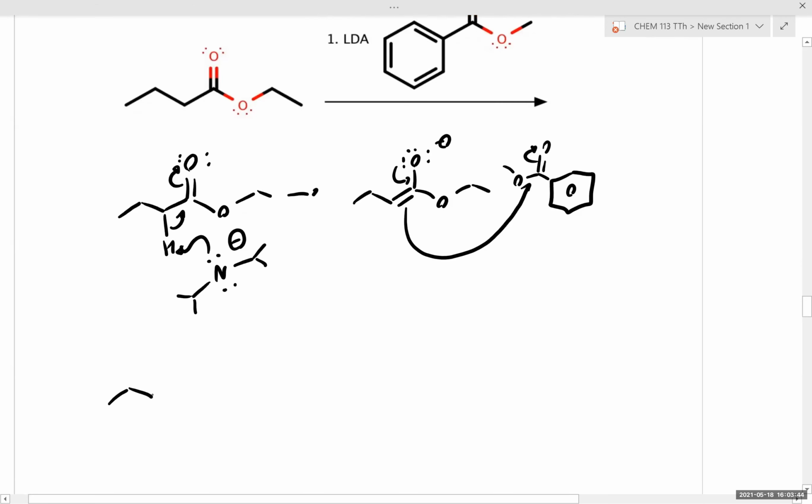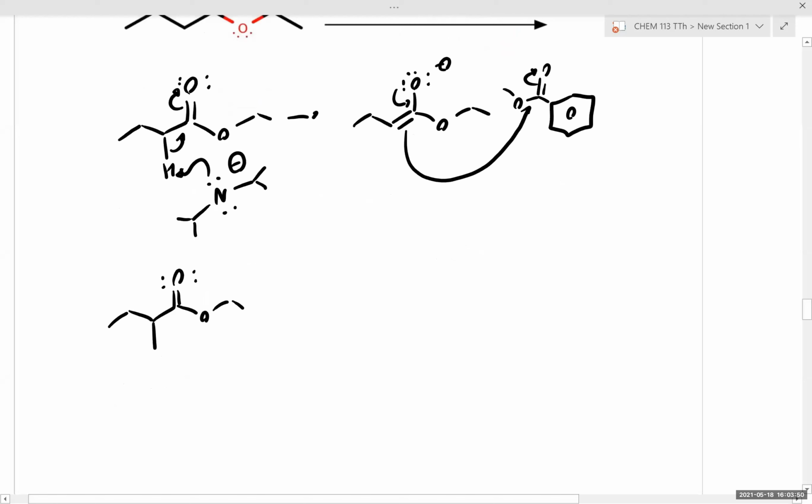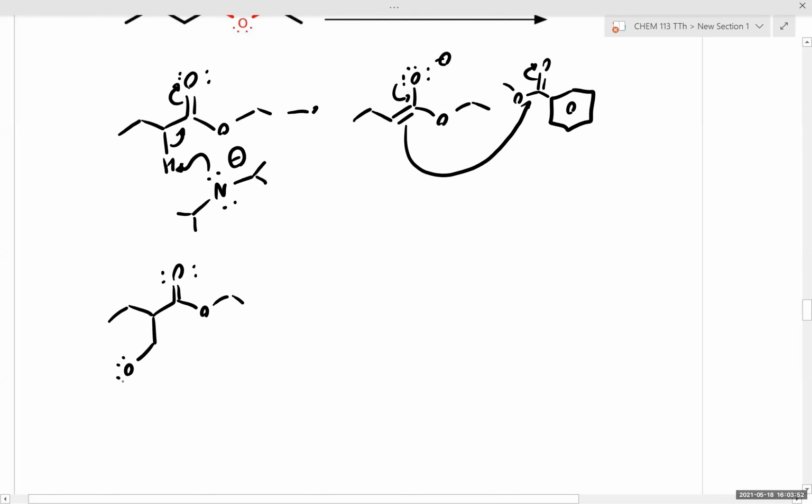That in turn gives us our 1,2 addition product. From here, we can kick out our leaving group, which is, in this case, methoxide, because we have a methyl ester.